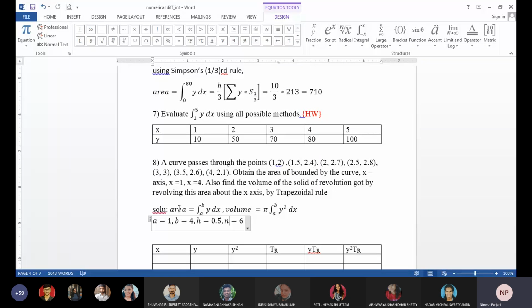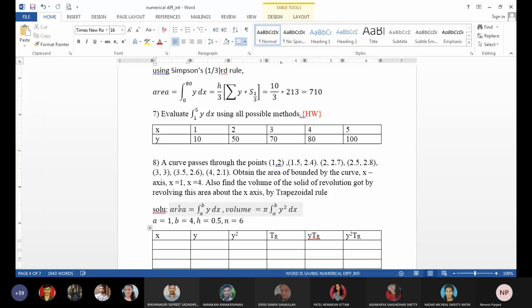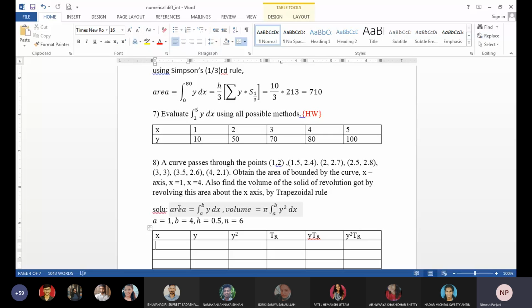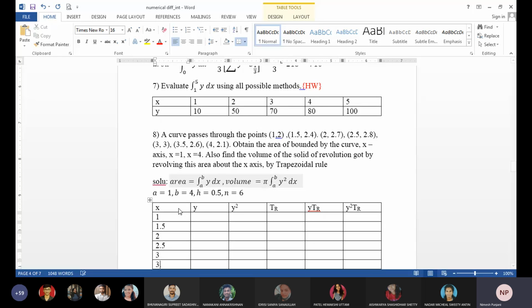The points given are 1, 2, 1.5, 2.4 and so on. These points are given in terms of coordinates, in x, y form. The x coordinate is the value of x, and the y coordinate is the value of y. Tell me what are the values of x: 1, 1.5, 2, 2.5, 3, 3.5 and 4.